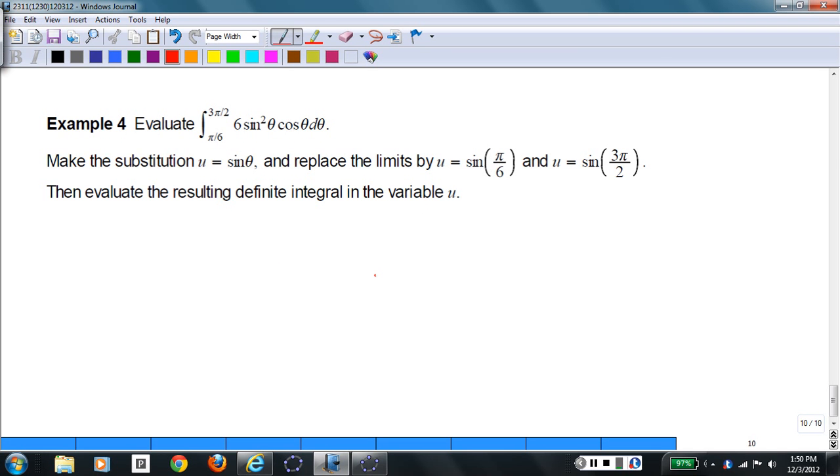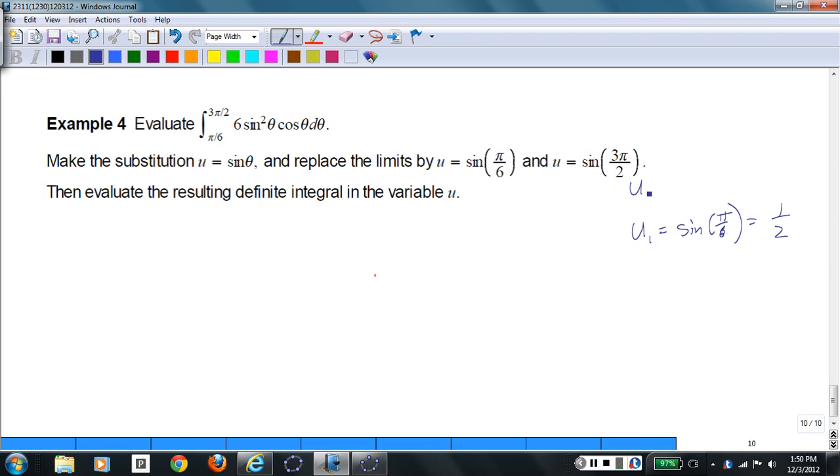Well, when we do that, the lower limit, u sub 1, is equal to the sine of pi over 6, which is equal to the sine of 30 degrees, which is 1/2.